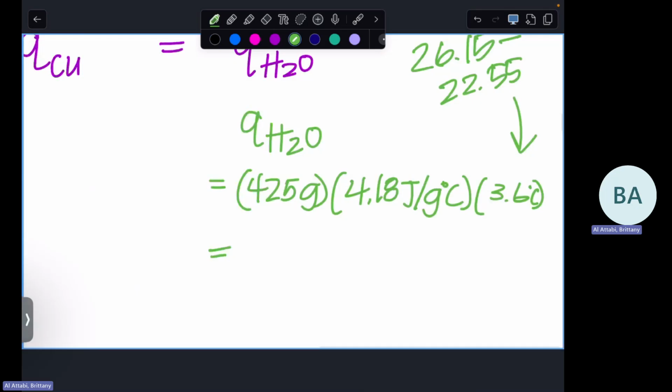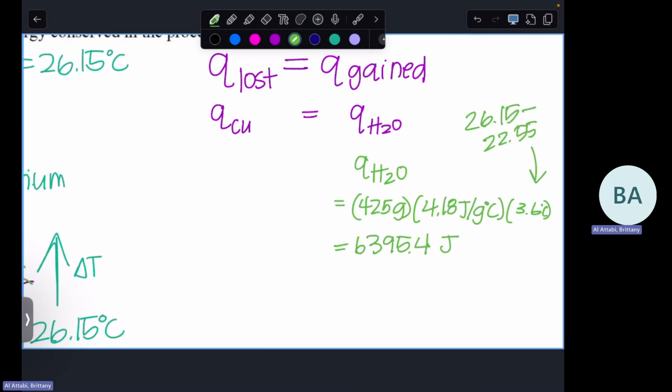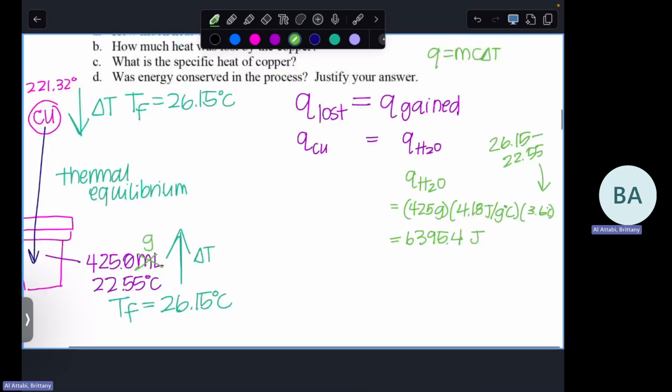So Q of my water is 6395.4 joules. And what do I know about that number? What is it also equal to? The heat lost by the copper.